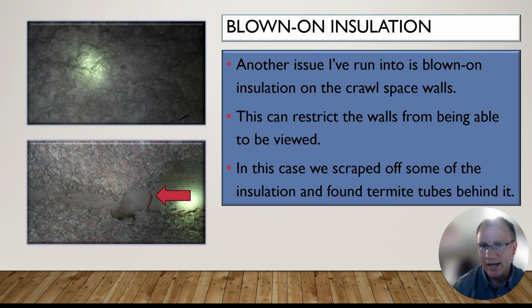So once again, anything that restricts your inspections, you're going to have to figure out. You may want to ask customers permission like we did on this one, but we told them we really can't do an inspection without doing this, and the whole wall shouldn't have been covered. So once again, blown-on insulation like this is a big problem and needs to be removed enough that you can do an inspection.